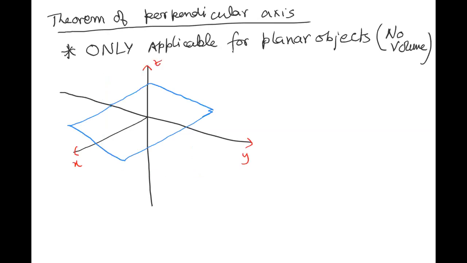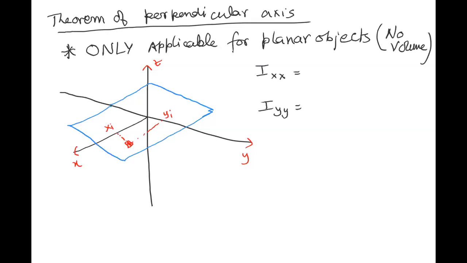So if I take any patch of this object and I say that, look, the x coordinate of this object is xi and the y coordinate of this object is yi, then what is the moment of inertia of the object about the x-axis? What is the moment of inertia of the object about the y-axis?